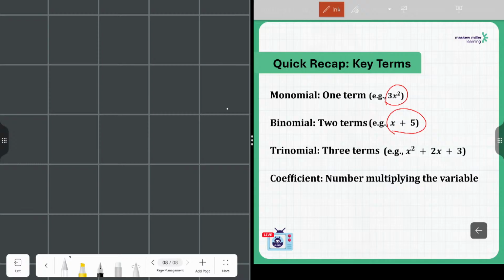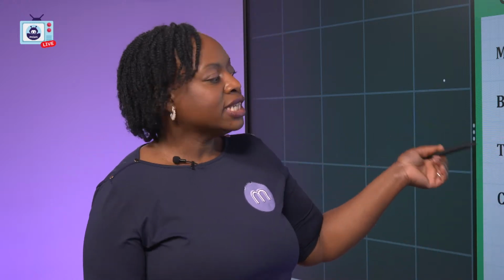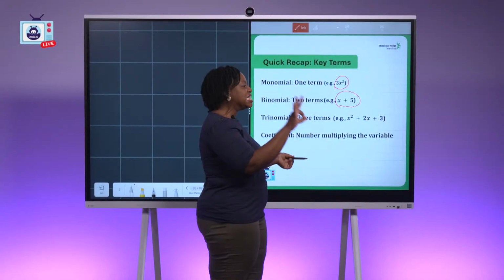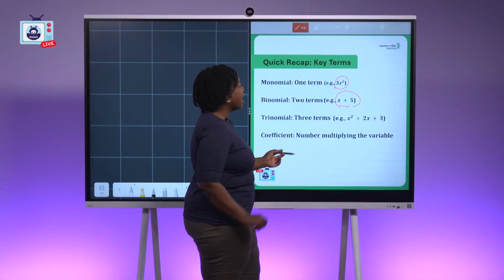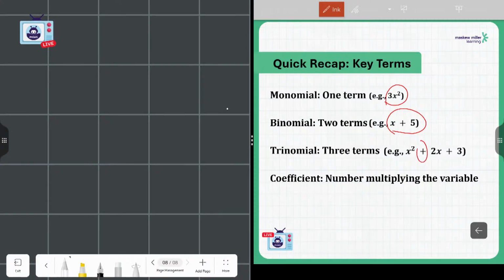And we say that when it's binomial, it means that there's a plus or a minus in between that separates those two terms. In trinomials, we said it has 3 terms. Remember, guys, the terms are separated by either plus or minus. So these pluses are the ones that force us to say this is a trinomial.